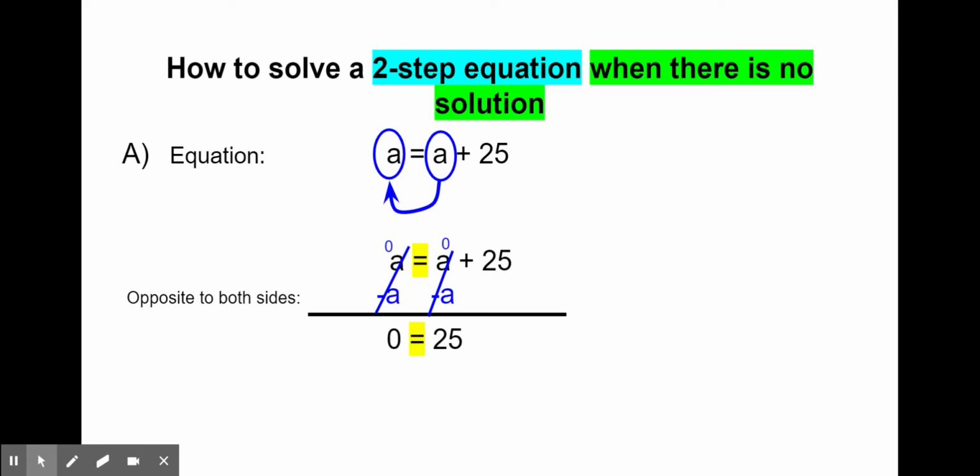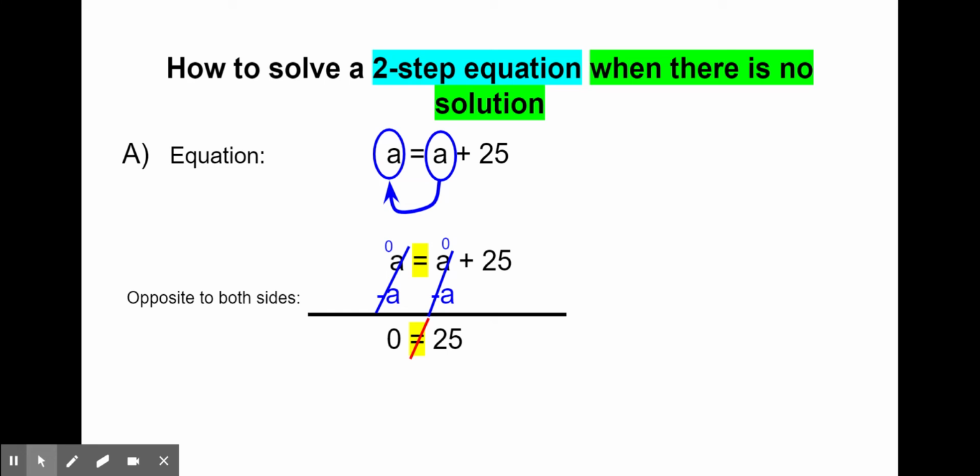So our new equation is 0 equals 25. Now we don't have any variables left. We just have a constant, 0, equal to another constant, 25. But 0 doesn't equal 25. It's not the same constant. It's not the same number. So that statement's not true. 0 can't equal 25.